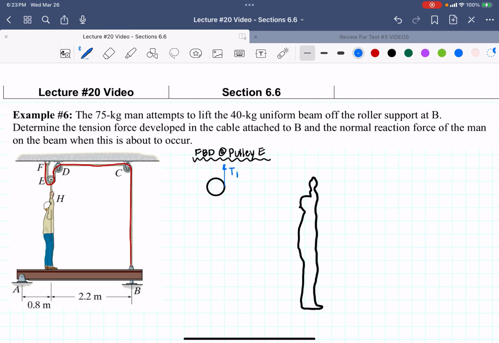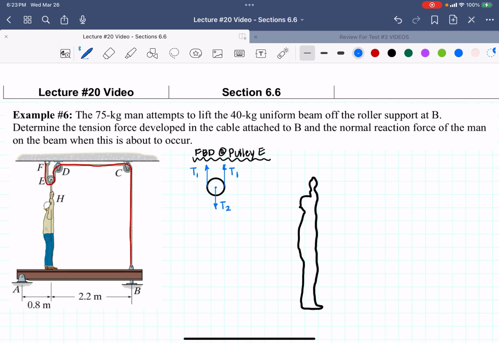I'll call it T1 on both sides. The same force because it's the same rope, T1. And then I've got the man pulling straight down, and I'm going to call that T2. That's where the man is pulling.